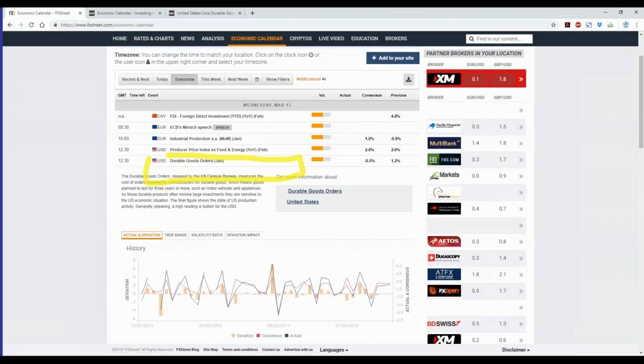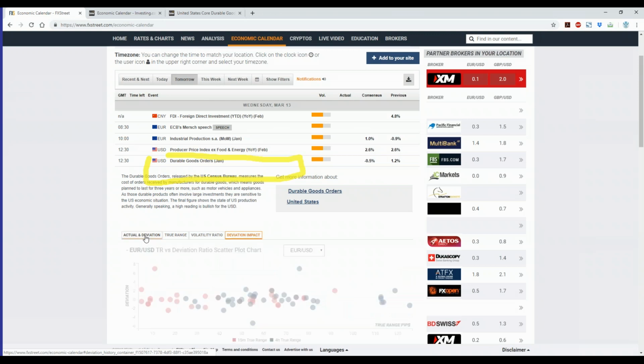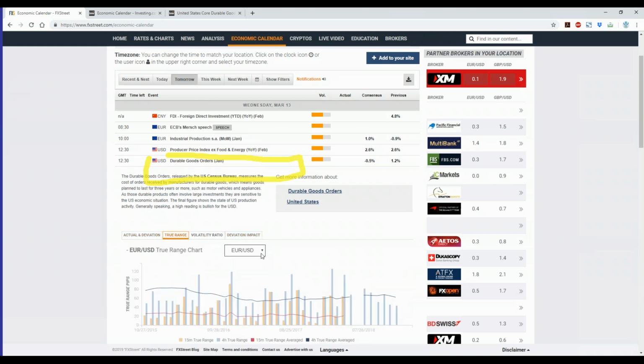Whereas when you open the box for FX Street, they have a lot more developed charts and information. So if you want to see the actual and the deviation, or the true range or the vol, you can set it up to a particular asset and see how it affected the trading range during those report releases.